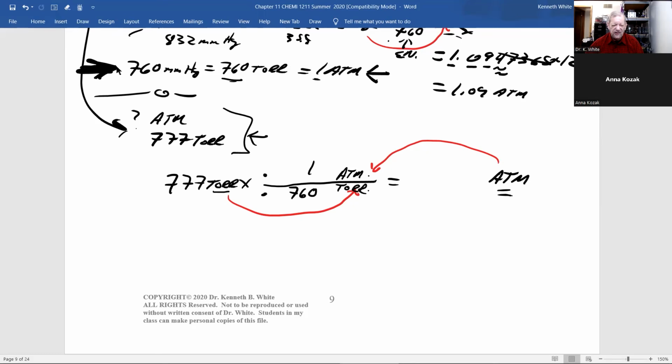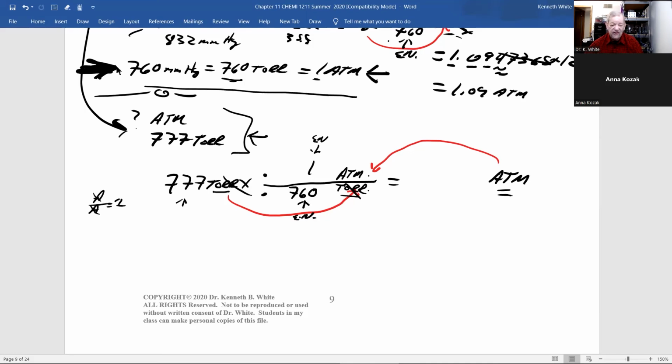And now you can see that torr divided by torr cancel out because anything divided by itself equals the number 1. And I will remind you the 1 is an exact number. The 760, because this whole thing is a definition, is an exact number.